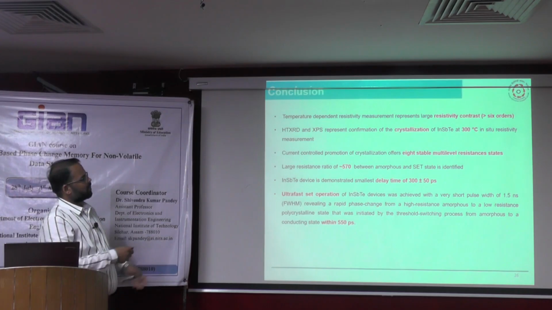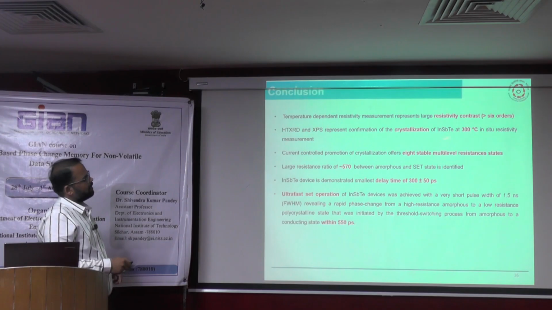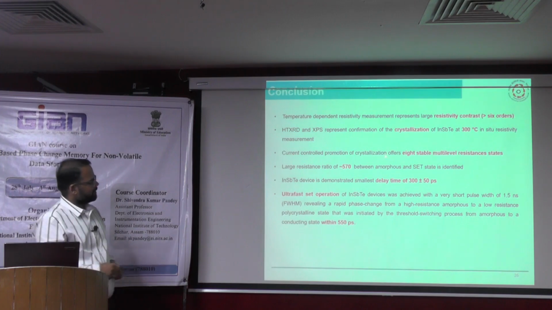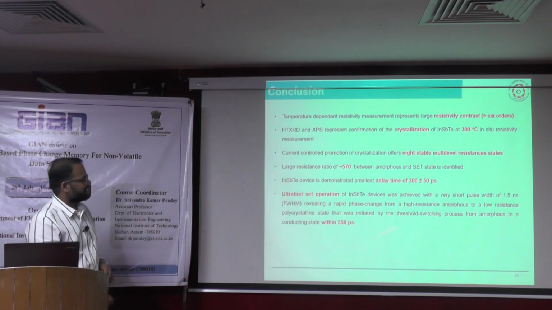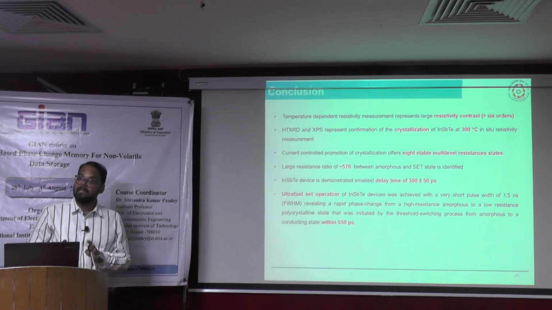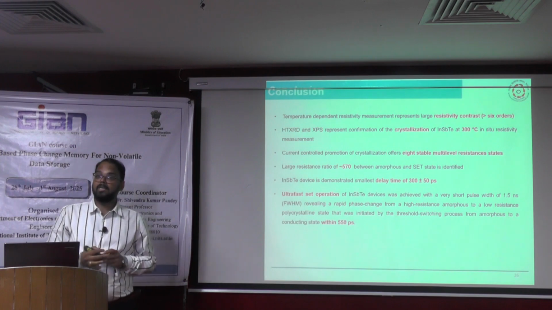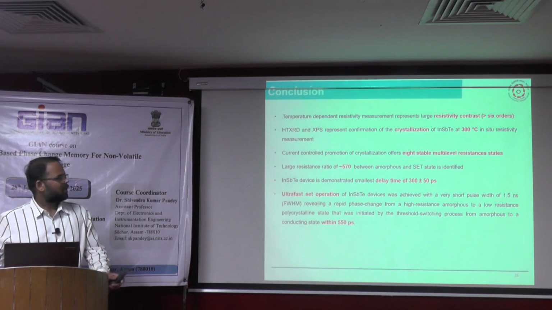Then we explored a phase change material, basically INSBT, which has shown a crystallization temperature of 300 degrees Celsius, 8 stable multi-resistance states, a large resistance ratio of 570, and ultra high speed operation. So yes, it is a potential candidate for high speed and multi-level storage.